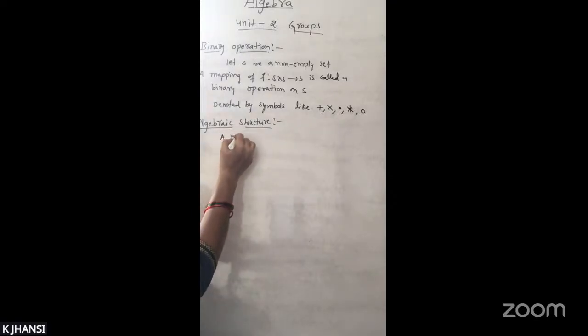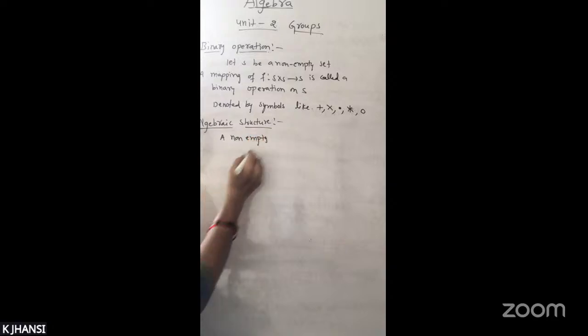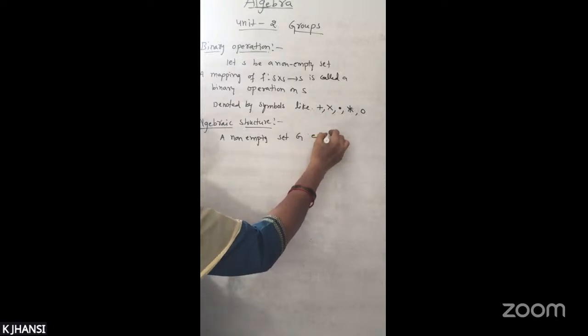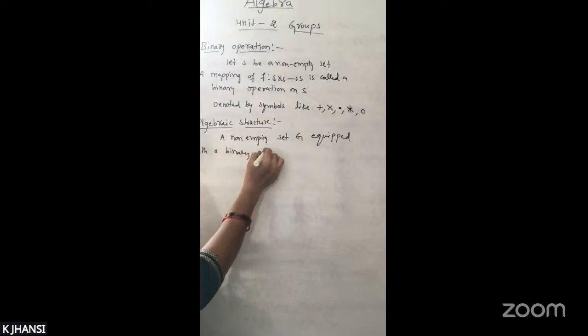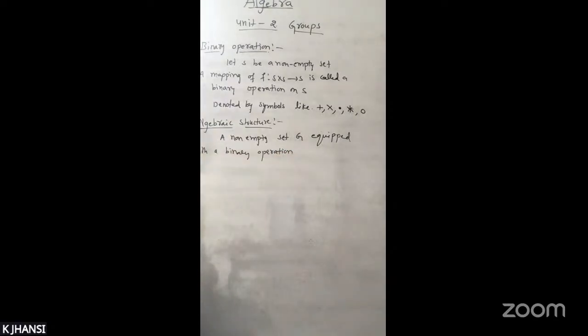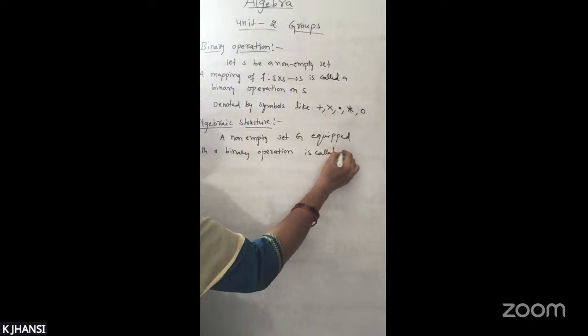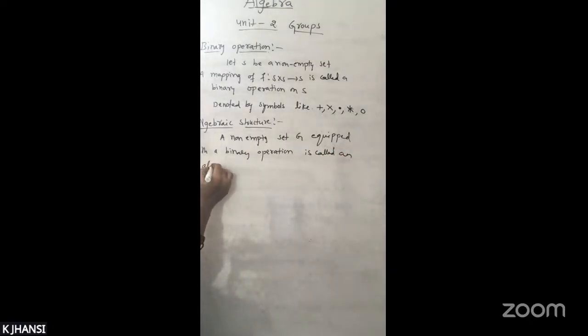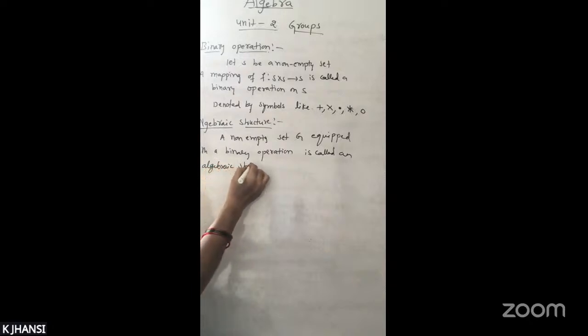A non-empty set G equipped with a binary operation is called an algebraic structure, or algebraic system.